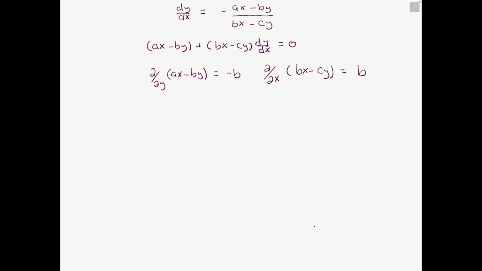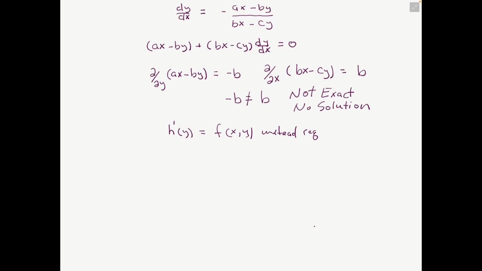And if we take our partial differentials, the partial with respect to y of ax minus by is equal to minus b, and we have the partial with respect to x of bx minus cy is equal to b. But negative b is not equal to b, so we're not exact. And there's no solution.